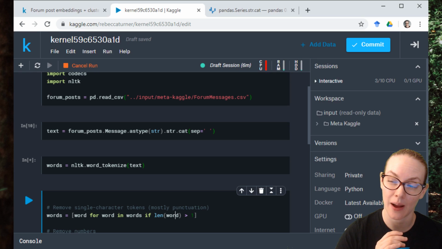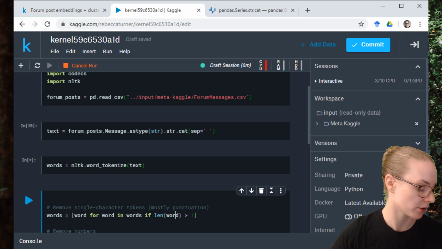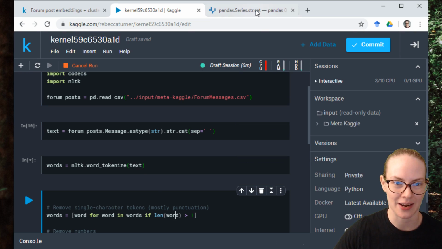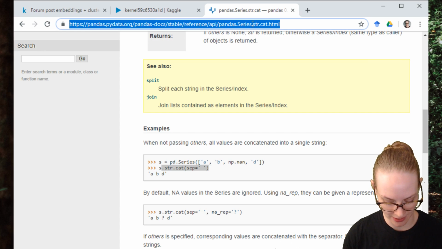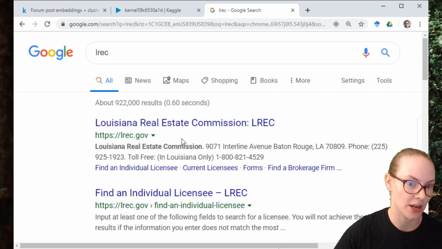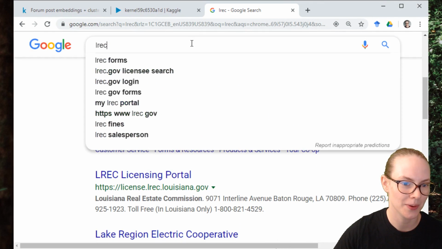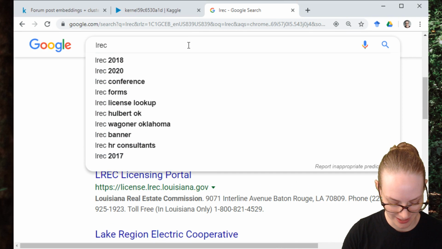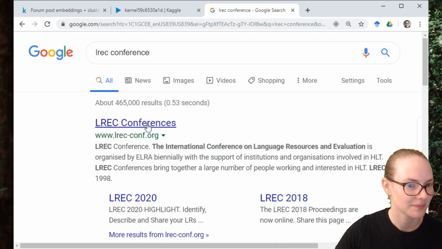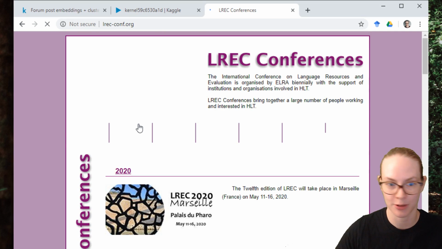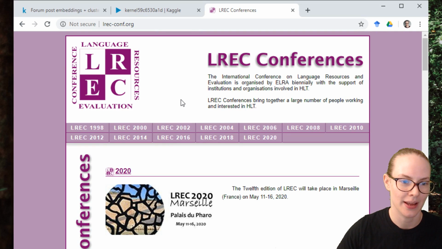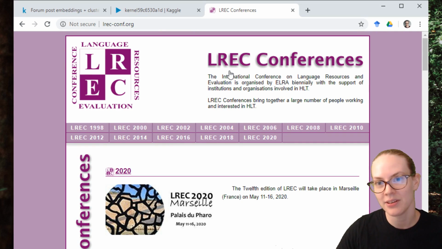A good place to look for data resources while we're waiting for our tokenization to happen is, specifically for language, LREC and the LREC proceedings. If you have a data set that's linguistically important, it might be helpful for people doing NLP.